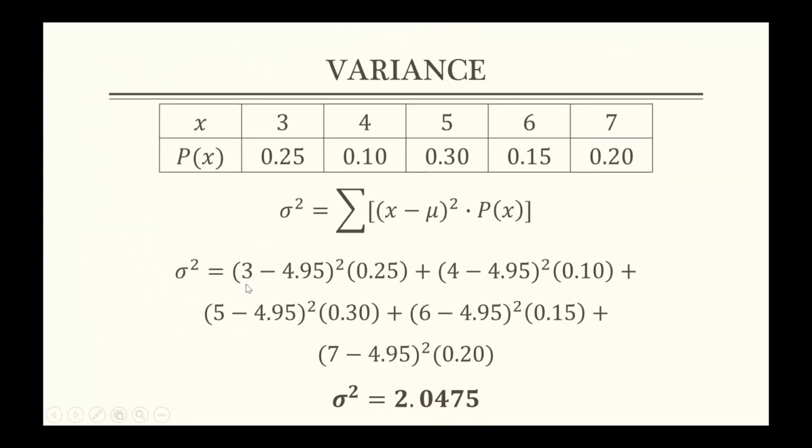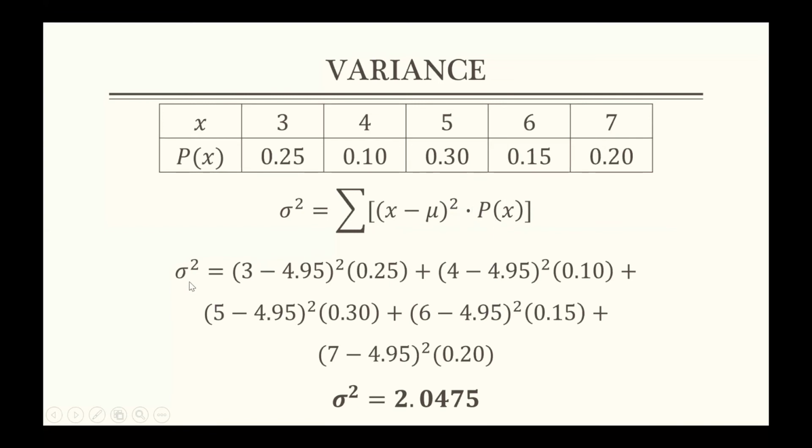For the variance, let's take note of the probability distribution in the first example. Sigma squared equals the summation of the quantity x minus mu squared, multiplied by the probability.